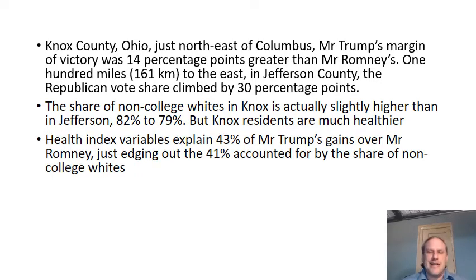The way you say this is there are ways through statistical analysis to include multiple variables and see which ones remain important once you include all of them in the analysis. And what this says is that while the share of non-college whites in a county did matter for the gains Mr. Trump made over Mitt Romney compared to 2012, it wasn't as important as how unhealthy the county was.